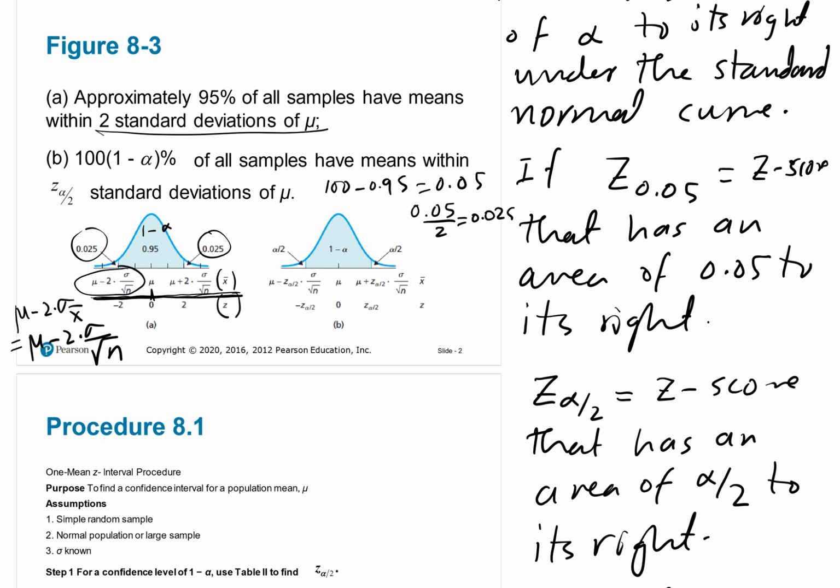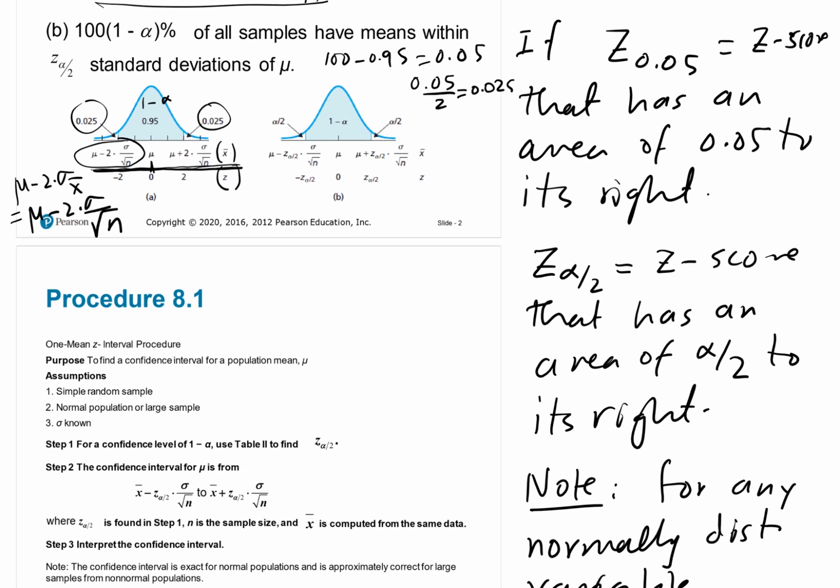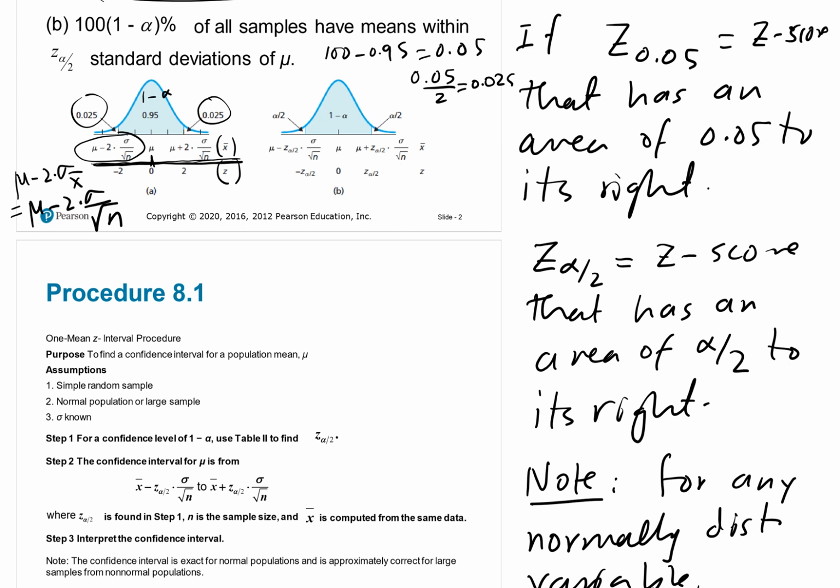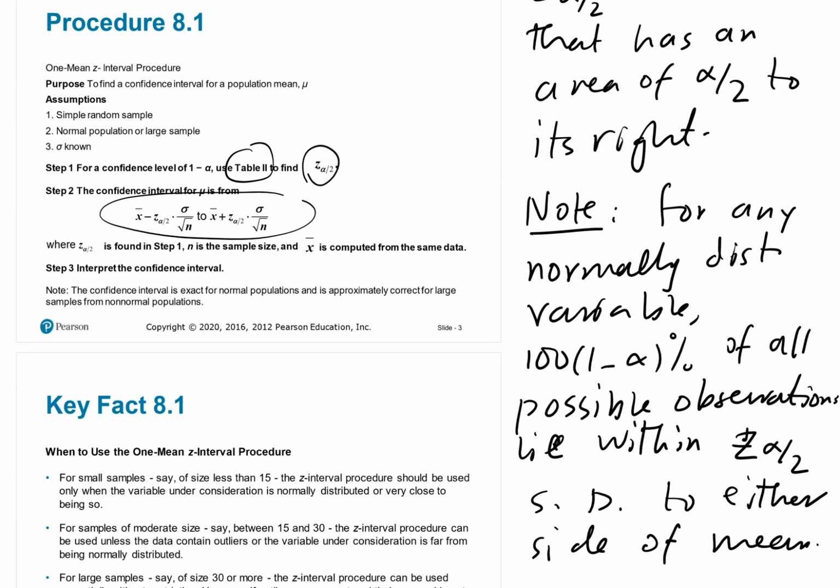How are we going to construct the confidence interval? We use table 2 to find z sub alpha over 2. Then we are given the mean, the standard deviation and the sample size, and we substitute them into these two expressions. That will give you the lower bound and the upper bound of the interval.